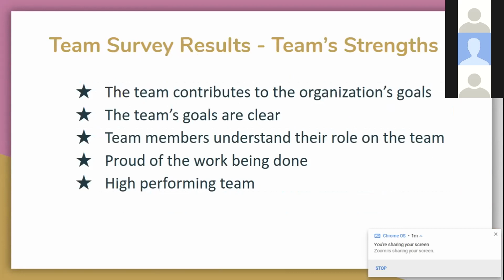We found 5 strengths out of the survey results. One is that the team contributes to the organization's goal. So the team felt strongly about that. The team's goals are clear. Team members understand their role on the team, and there was some sense of pride in work being done collectively, and they felt like they were high performing as a team.